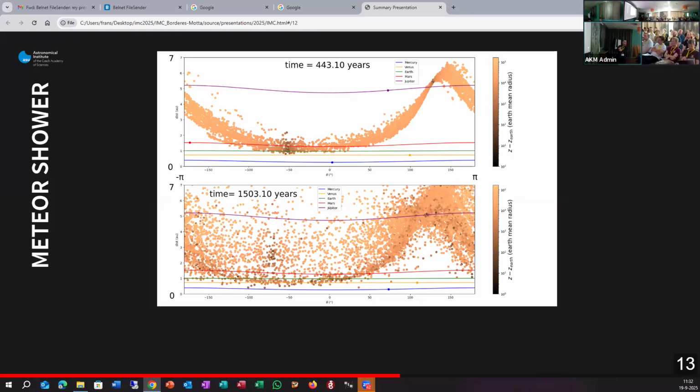But after that, like 1,500 years, we have dark dots around the green line at different moments. So the meteor shower, because of this spread of the particles, is drifting along the year.